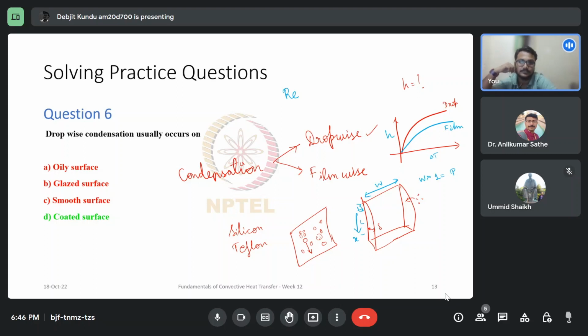So that's why along the width there is no variation, and a unit dimension is taken in the lengthwise or span-wise direction, then that is taken as the perimeter.